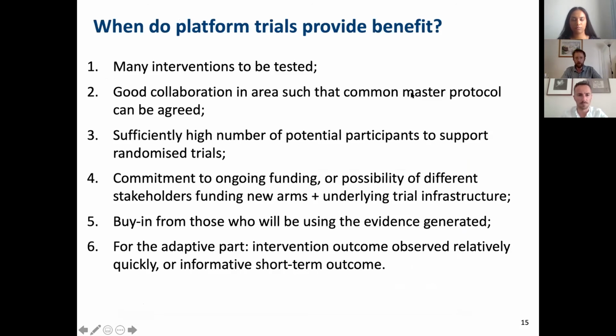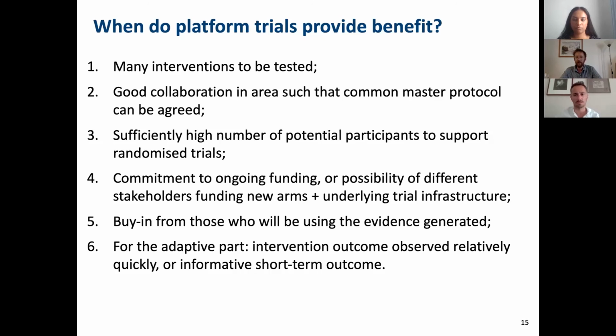So I wanted to give an idea of when platform trials might provide benefit. And these really come down to the separate elements that we've looked at before. So the first thing is that we have more than one intervention that we want to test. Maybe not all at once, all at the beginning, but eventually there will be a number of interventions to be tested.